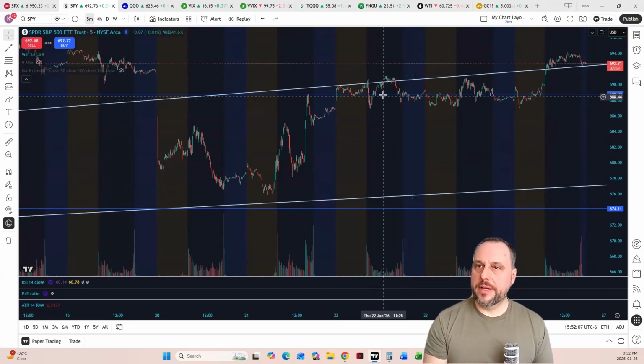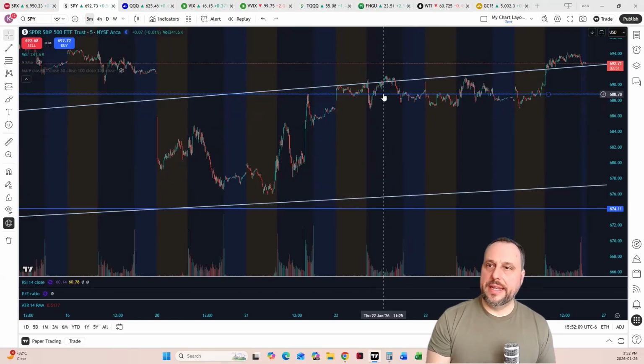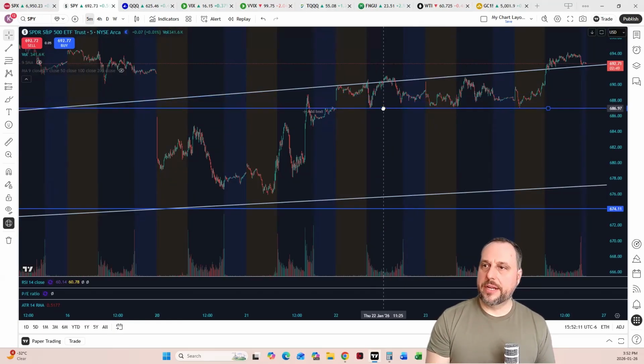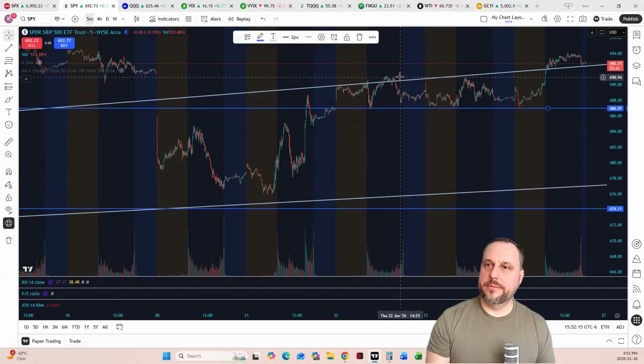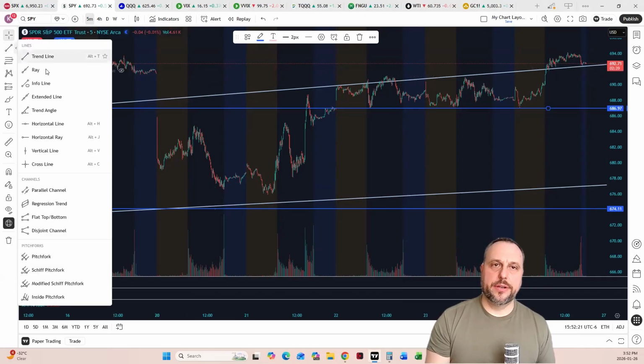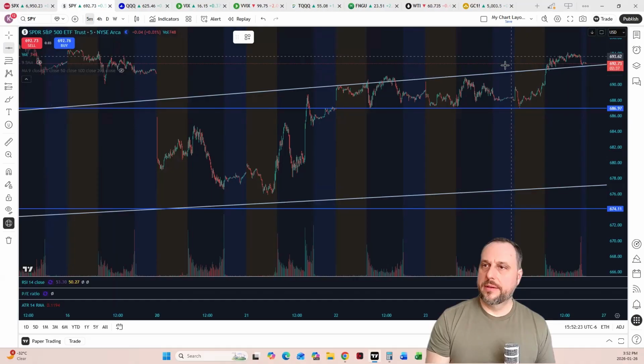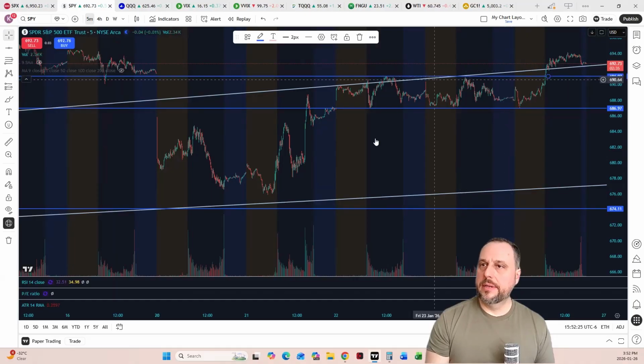You can see here that this trend line that we put on the daily chart, you would probably bring it actually down to here. Sorry, support line. If you're trading as a day trader, you would put something right in here.